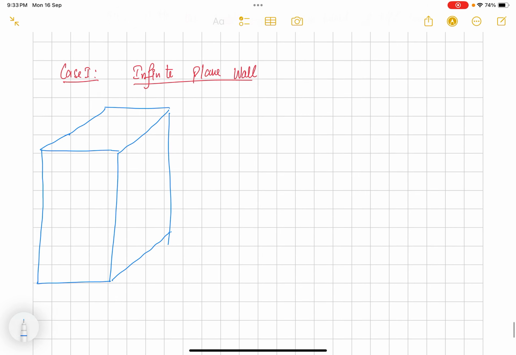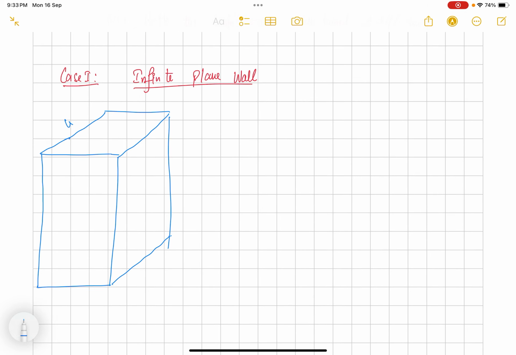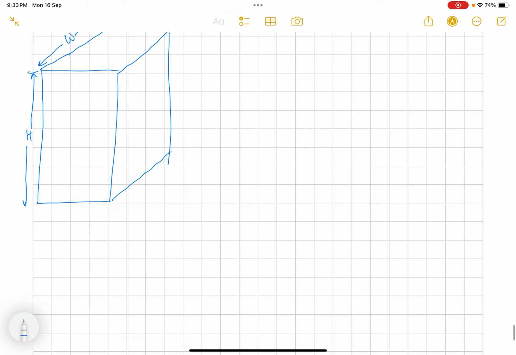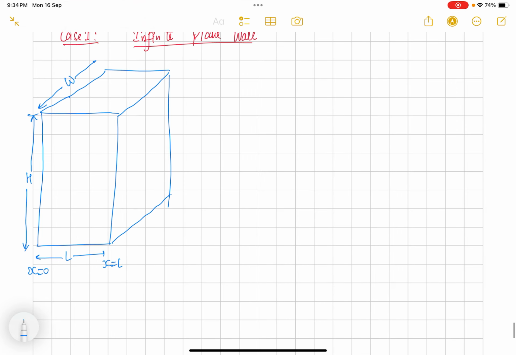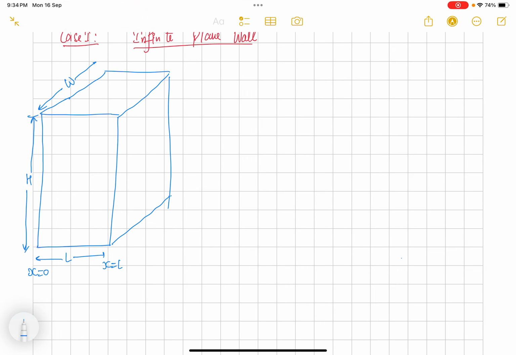It will look like this. Let's say this is the width, this is the height, and this is the L, and suppose this is the coordinate x equal to 0 and this is x equal to L, and we are saying that these two surfaces are maintained at different temperatures. Let's say T1, T2, and we are assuming T1 is greater than T2.